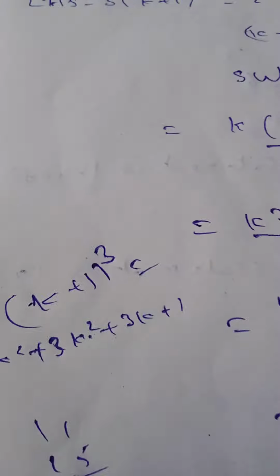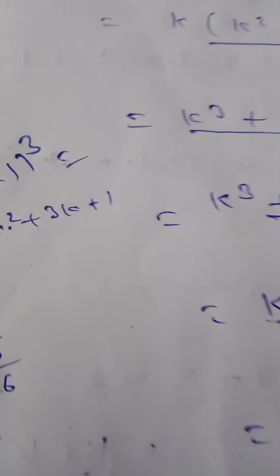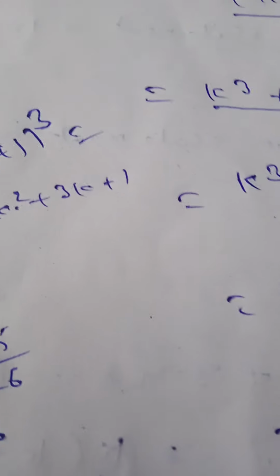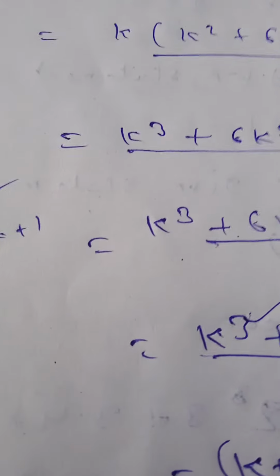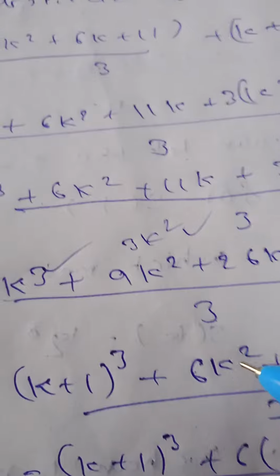We have to put this one, and write the remaining. After (k plus 1) whole cube, k cube is over and 3k square is also over. The remaining is 6k square.